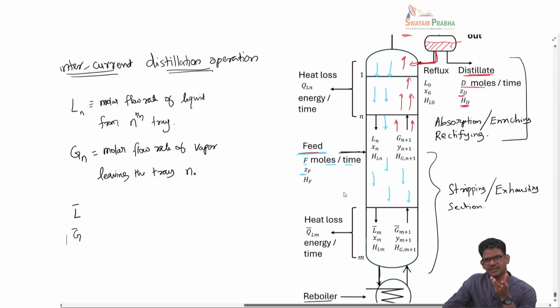If you want to calculate the column diameter, we have to invoke the concepts of pressure drop for two-phase gas and liquid flows, as we dealt with in absorption column problems. So the tower diameter is obtained from pressure drop calculations, whereas the number of theoretical stages is obtained from mass transfer considerations. The approach is very similar to the absorption column. Only here it's a little more involved because of the two parts of the column that I was talking about.